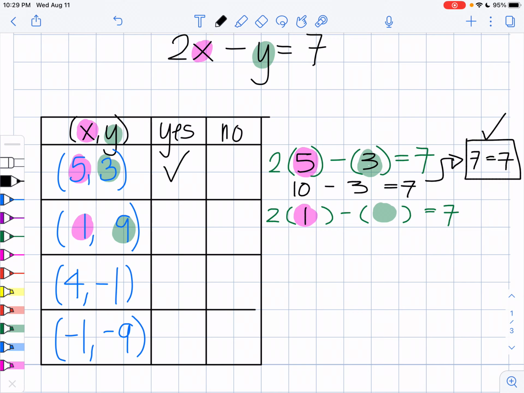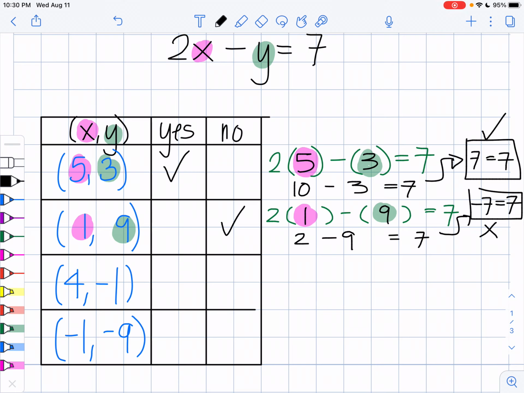So here I plug in a 1 and here I plug in a 9. 2 times 1 is 2, minus 9. 2 minus 9 is negative 7. Does negative 7 equal 7? No, it doesn't. They're not the same number. The goal is for them to be the same number. If it's not the same number, then no, not a solution.